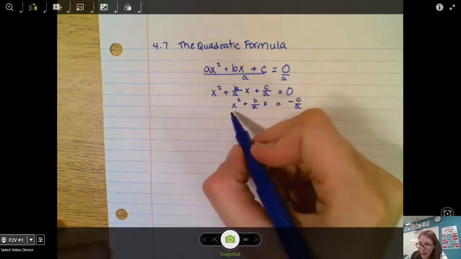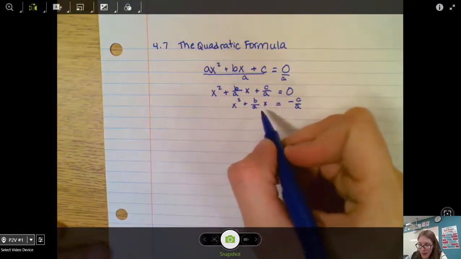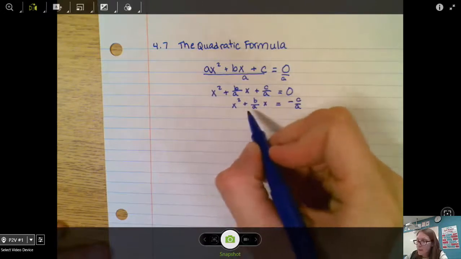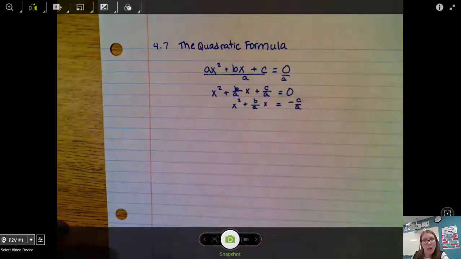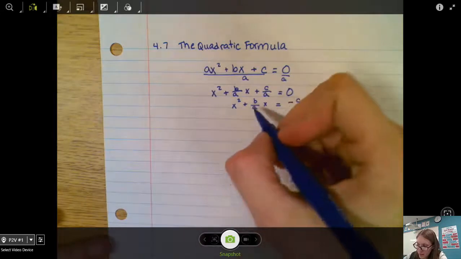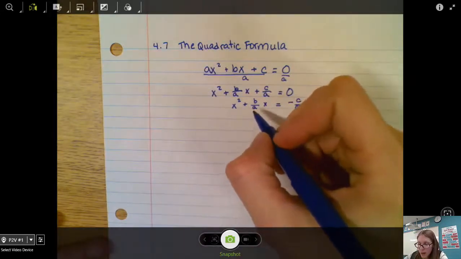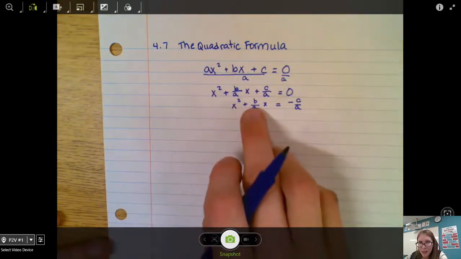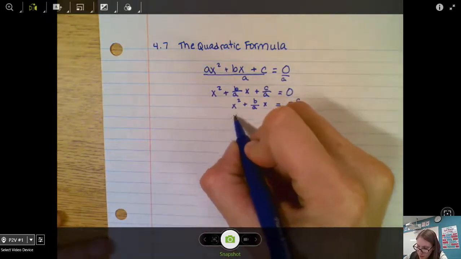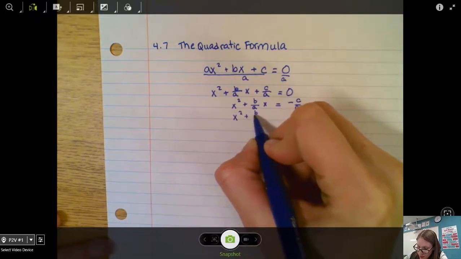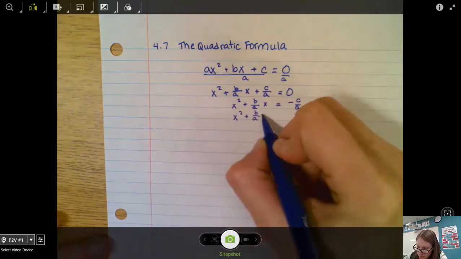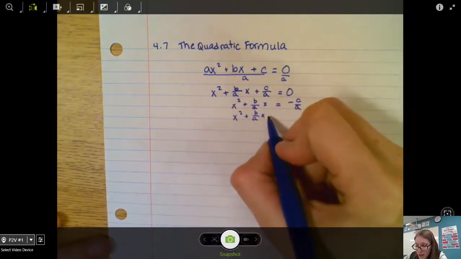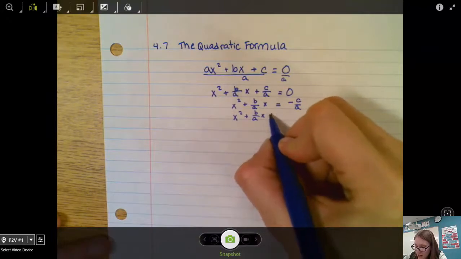Okay, I got my x squared and my b over a x. I'm in prime position to figure out how to complete my square. So in general, when we're completing our square, we take half of this number and square it. And when we're solving equations, we add that to both sides.